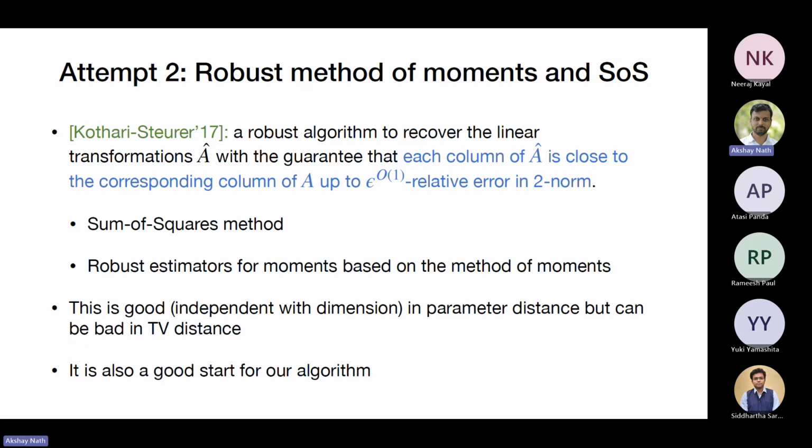And this is also a good start for our algorithm, because we know the rows of A. If we ignore the scaling parts, the rows of A are exactly the side normals of the cube. So we can use those as the starting point of our algorithm.